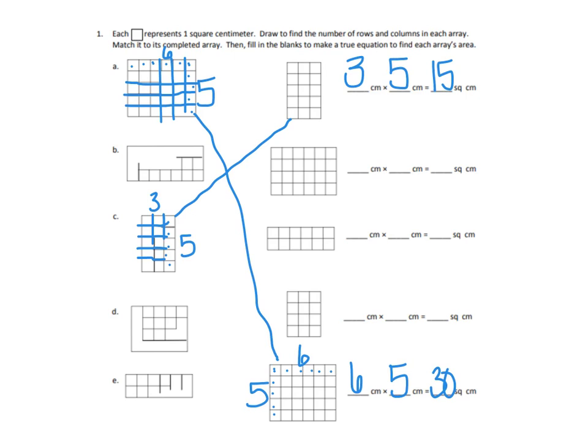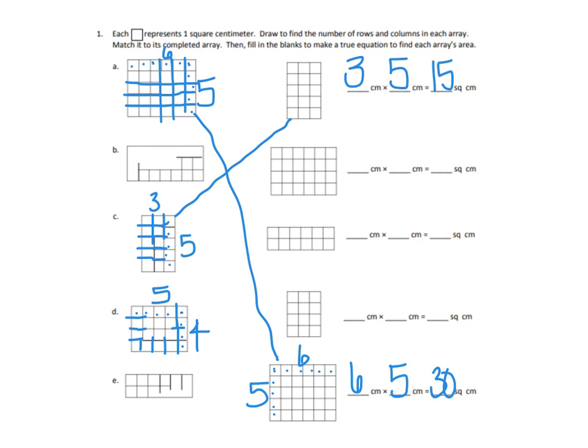Now I want us to take a look at letter D. We're going to complete the lines as best as we can. So we have 1, 2, 3, 4, 5 as our length, and 1, 2, 3, 4 as our width.